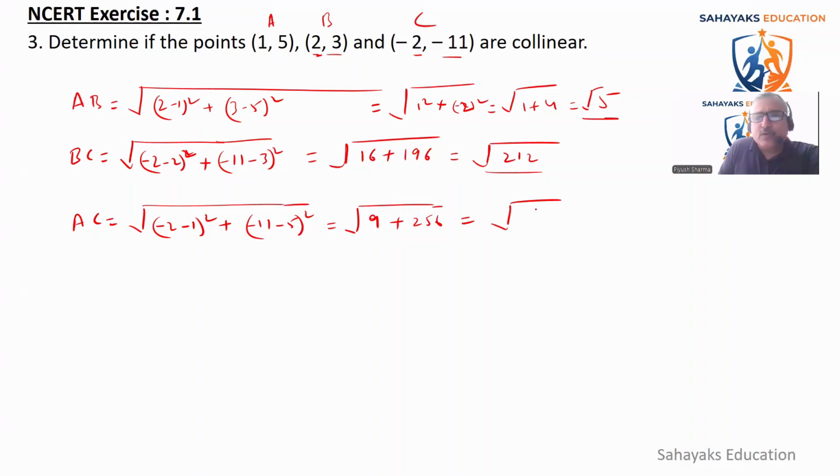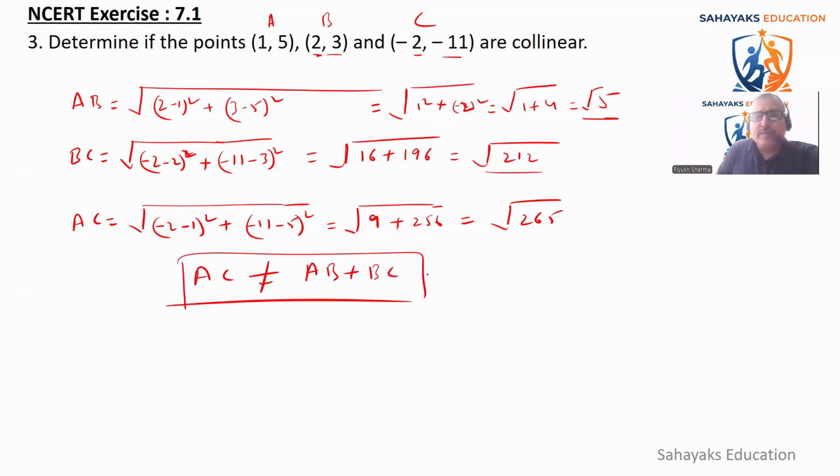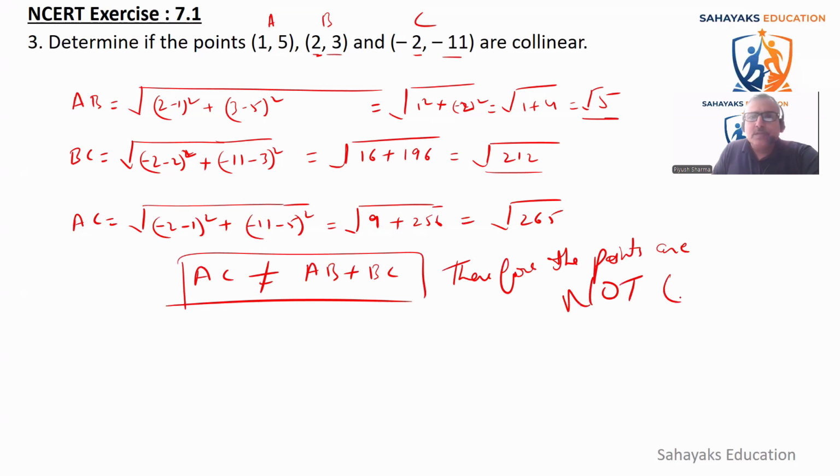This comes out to be square root of 265. See, we can make out from here that AC is not equal to AB plus BC. AC is not equal to AB plus BC. Therefore, the points are not collinear.